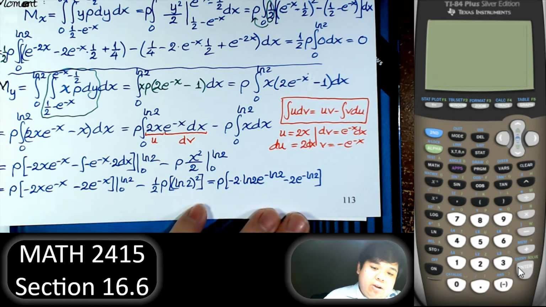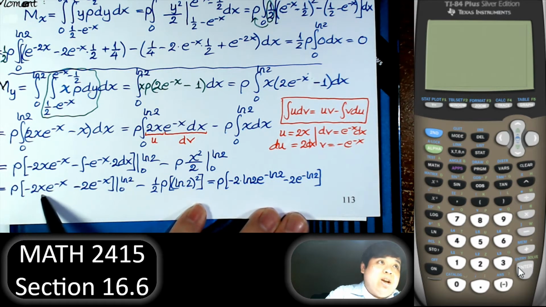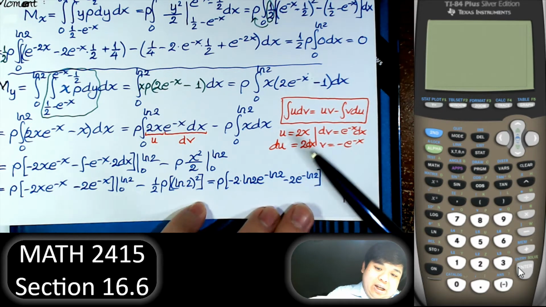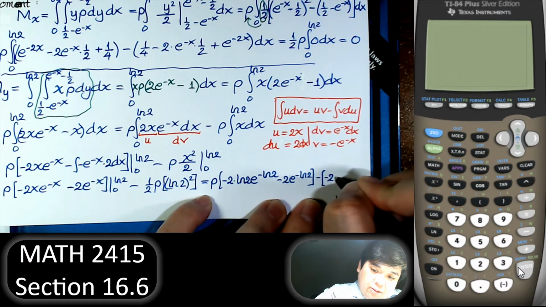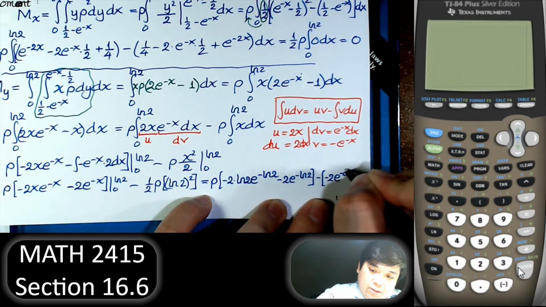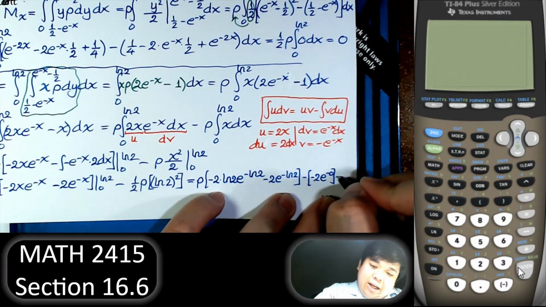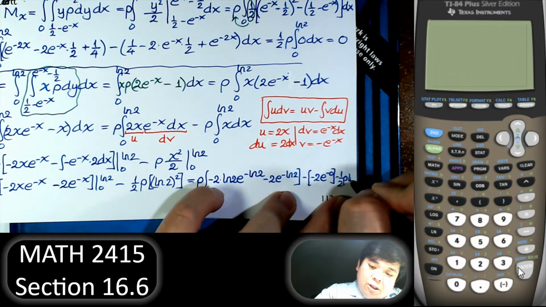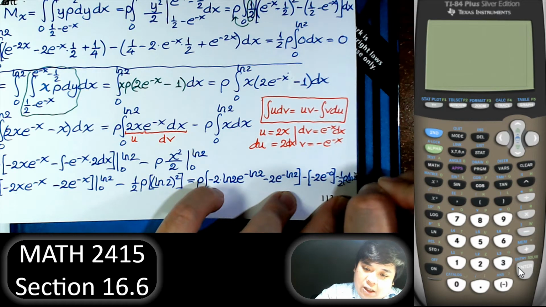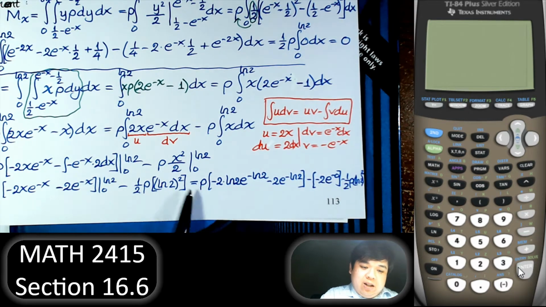Now put in 0. The first one is equal to 0 because there's a 0 here. Put in 0 in here, and then we have this term, 1/2 rho ln 2 squared. That term.